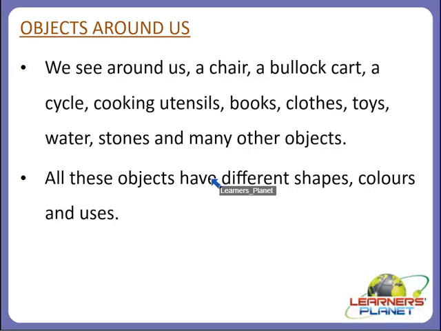You can look around and identify objects that are round in shape, like a rubber ball, a football, a glass marble. They are round in shape. There are also some objects that are nearly round, like apples, oranges, an earthen pitcher.